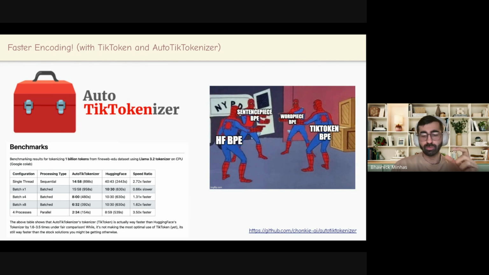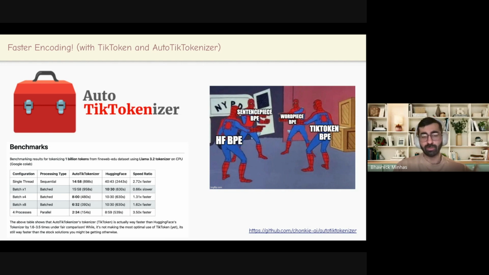AutoTick Tokenizer is a project built on top of that idea, that I believe you can just merge everything into TickToken and use it with TickToken. There are a couple of differences that still come up at the moment, but I believe we can sort that out as well and be exactly the same.